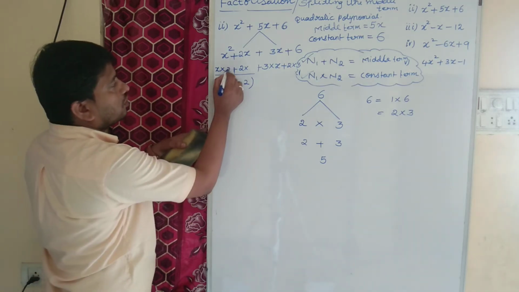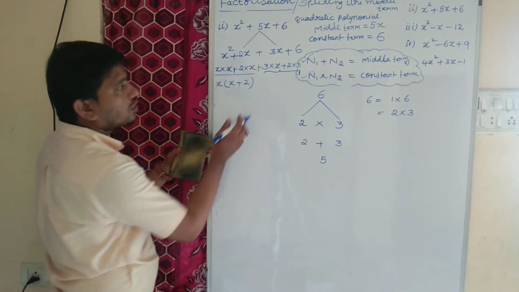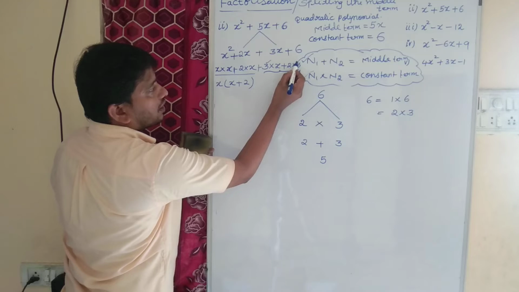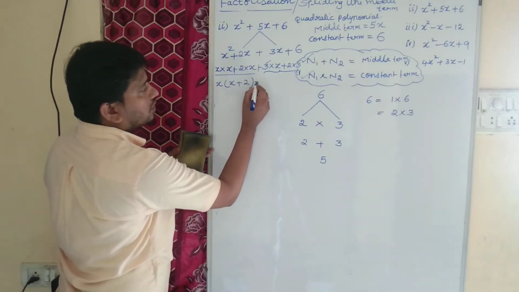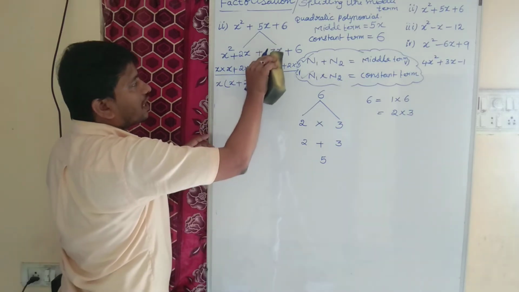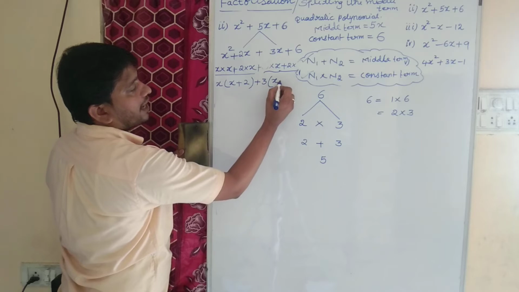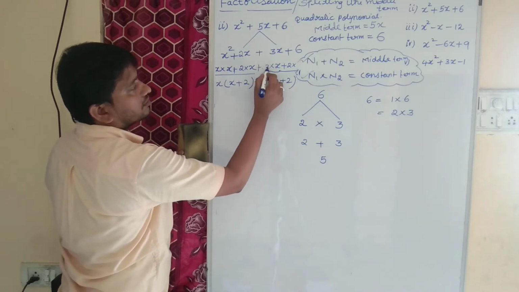Now, coming to these two terms, here also we have 3, here also we have 3. So, if I take plus 3 as common, what is left over here, children? Left over is your x plus 2, right?